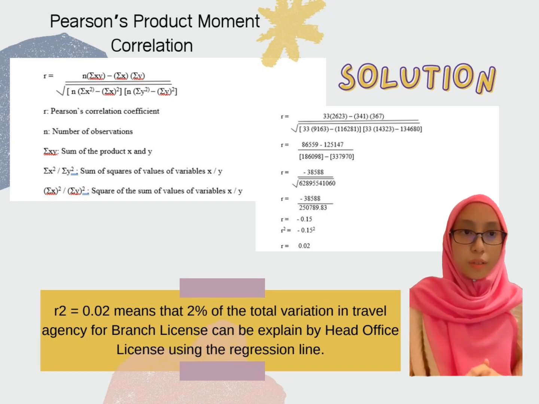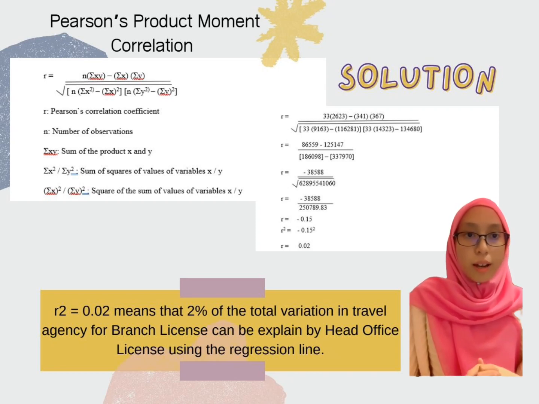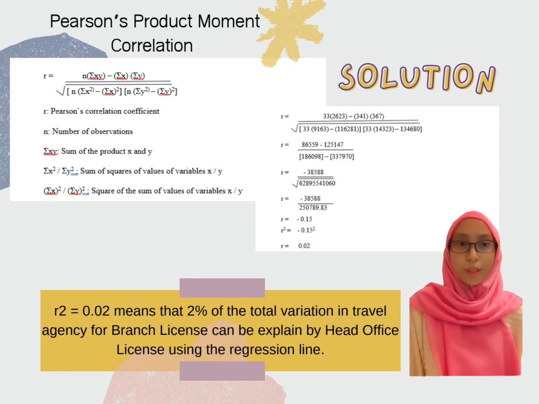Correlation is 18,515 minus 125,147 divided by the square root of in bracket 118,998 in bracket 337,970.